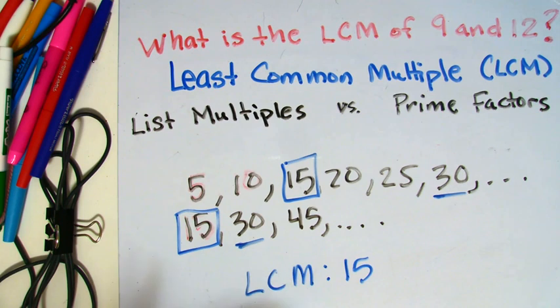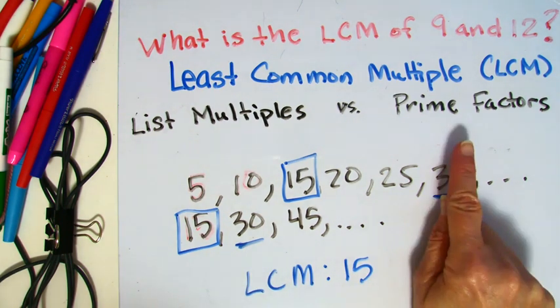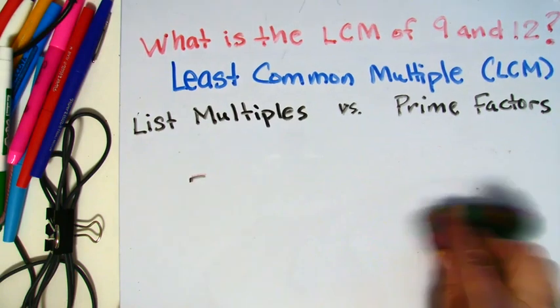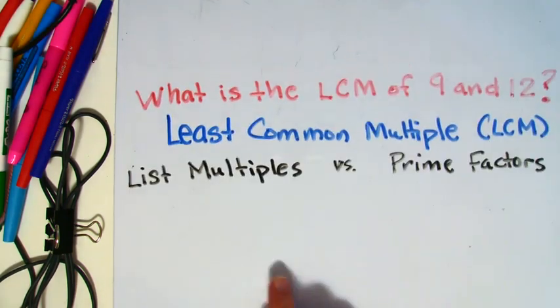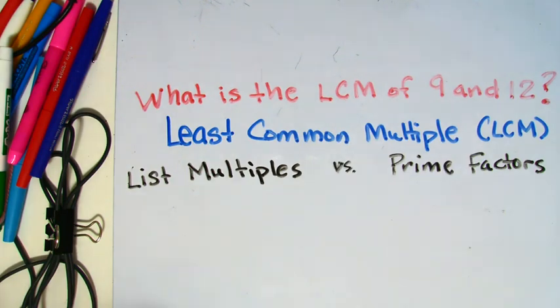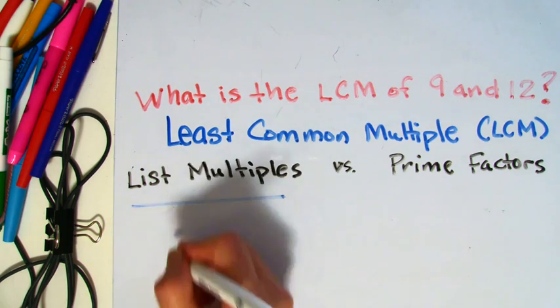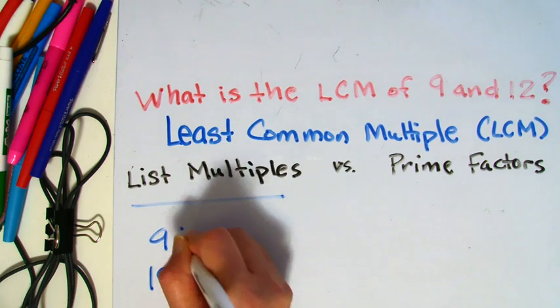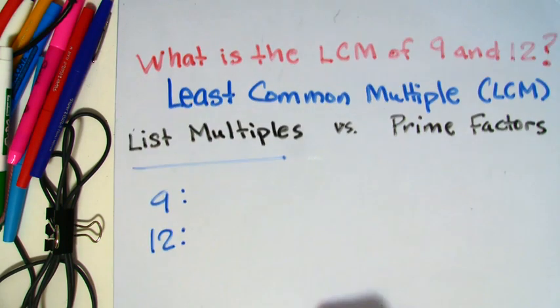But let's go ahead and look at one other one, and then we'll look at our prime factors method for finding the lowest common multiple. In this problem, we have: what is the lowest common multiple of 9 and 12? And so I'm going to just list the multiples of 9 and 12, and I want to see what that multiple is going to be.